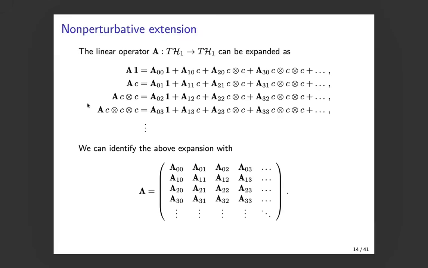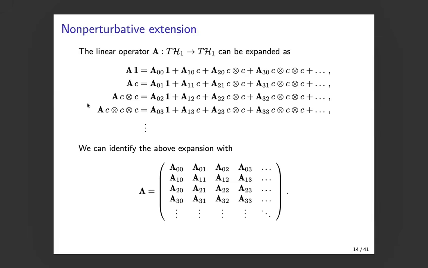When we act A onto 1, we can expand A1 by using the basis vectors of TH1, that is 1, C, C tensor C, and C tensor C tensor C. Similarly, we can expand AC, A of C tensor C, A of C tensor C tensor C, and other higher operations by using the basis vectors of TH1. The coefficients that appear we identify with the matrix elements.